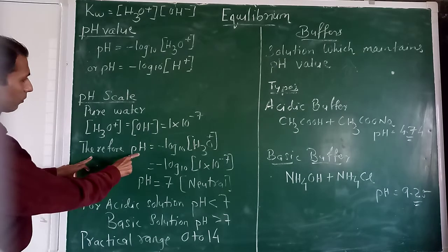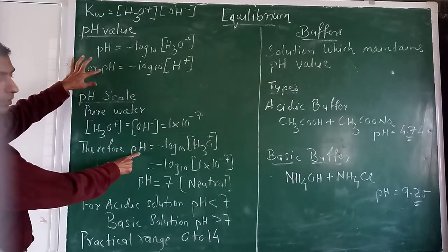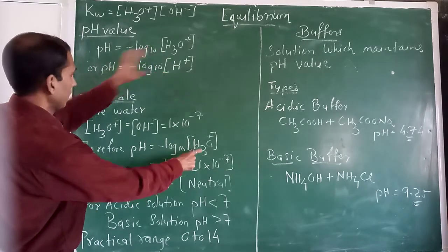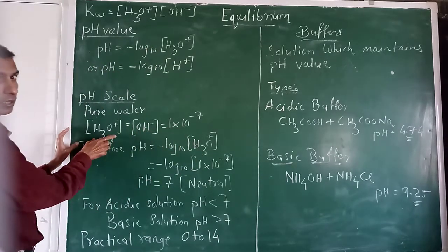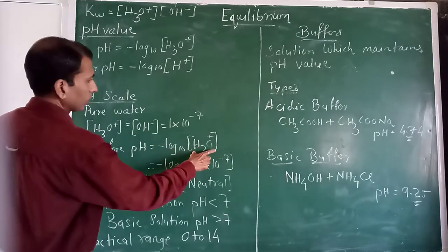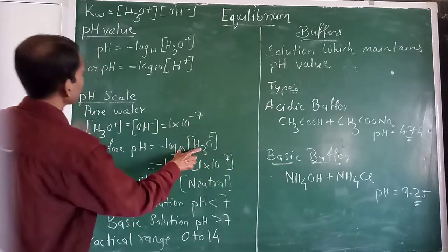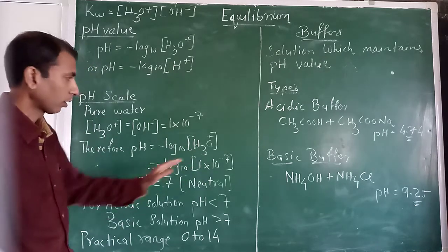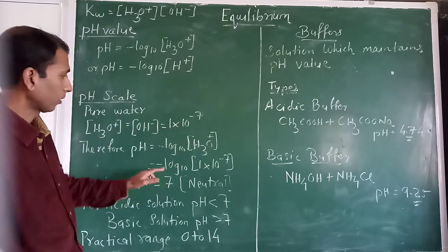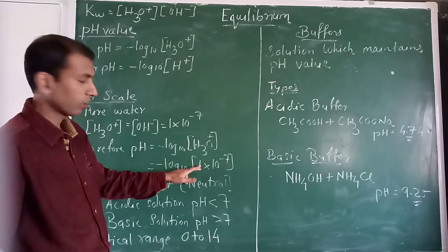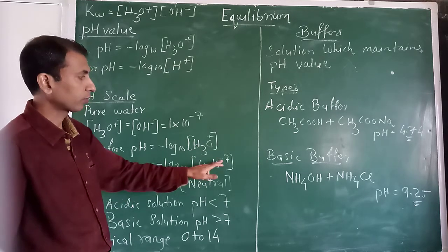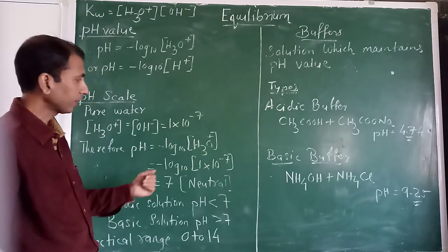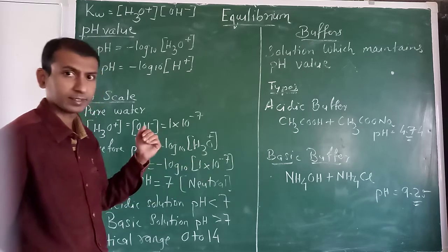Therefore, we already know the equation for pH. pH is equal to minus log to the base 10 of H3O plus, correct? And we have this value for H3O plus now, so we substitute this value in this equation. When we take log of this value, we already know how to take a log. Log of 1 is 0, and log of 10 raised to minus 7 is minus 7 multiplied by log of 10.